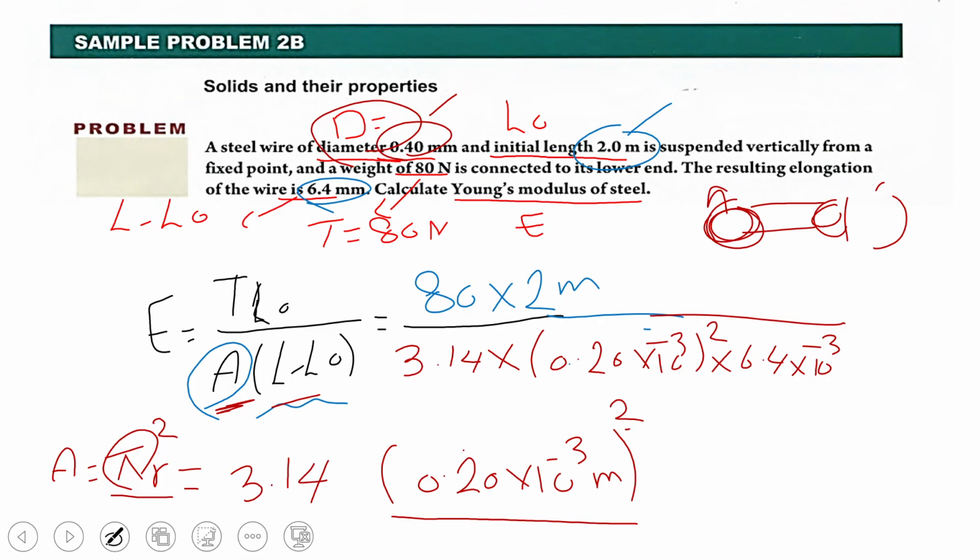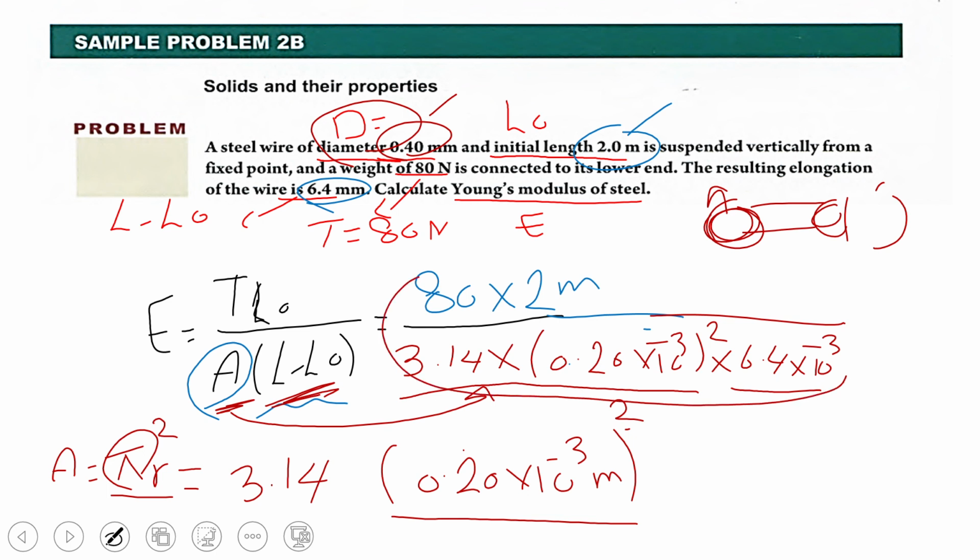So look, this is the area, pi r power 2. Pi is 3.14. The r power 2, we have got the value of r by dividing diameter by 2. And times elongation, which is 6.4 times 10 power negative 3. And in the top we have 80 times 2. So you can use a calculator and get the answer easily.